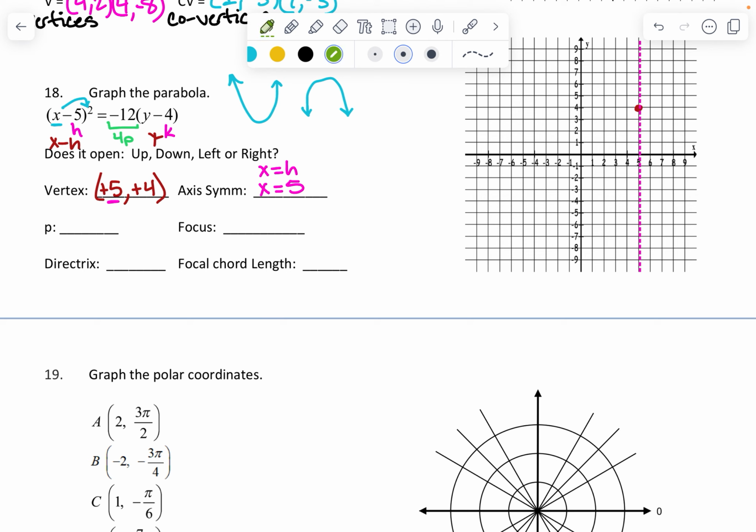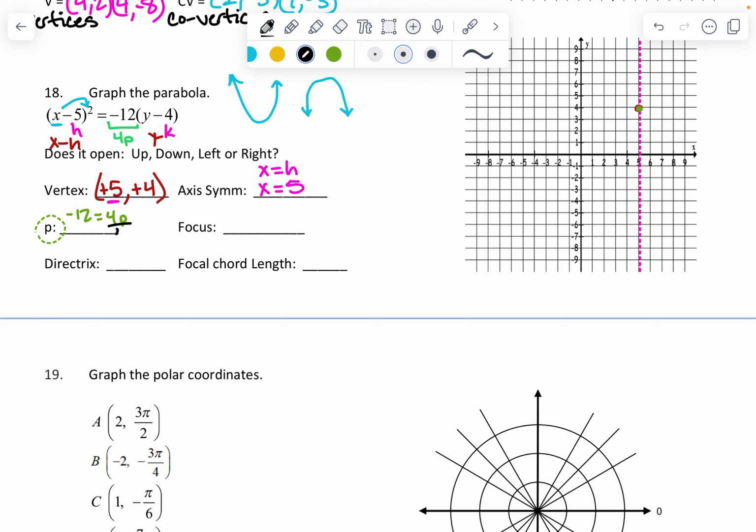We've got our p value, which is the distance from the vertex. It's going to be the distance to the directrix, which is the line that could be above or below it. And it's also going to be the distance to the focus. And so we know that -12 equals 4p.